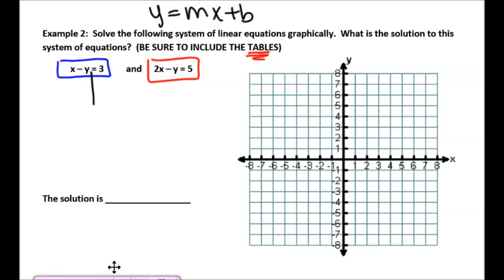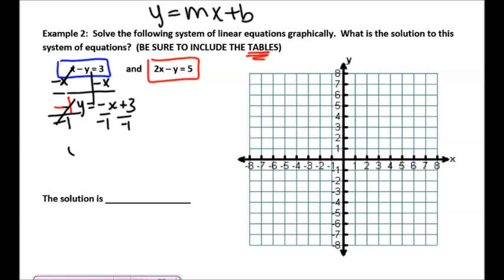So, the first thing that we want to do is subtract x from both sides here. That will leave us with negative y is equal to negative x plus 3. So remember, we want to get the y all by itself. So here, we pretend like there's a little negative 1 right there. So to get rid of that, we're going to divide everything here by negative 1.